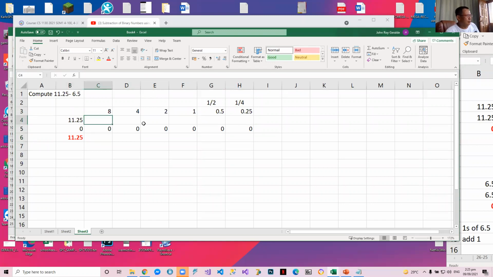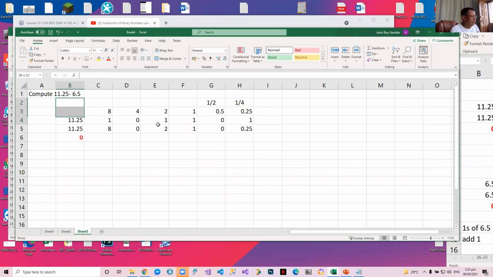So we pick and mark as the usual process. We pick 8, we can pick 4, we can pick 2, we can pick 1, and then we can pick 0.5, and then this. So this is 11.25, okay.